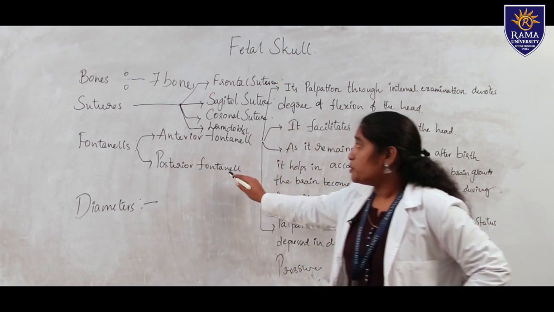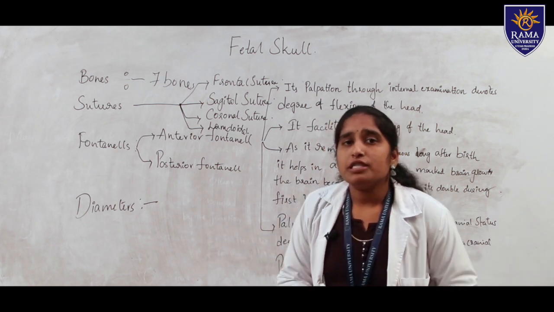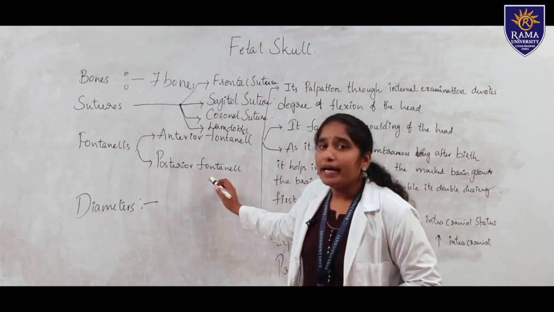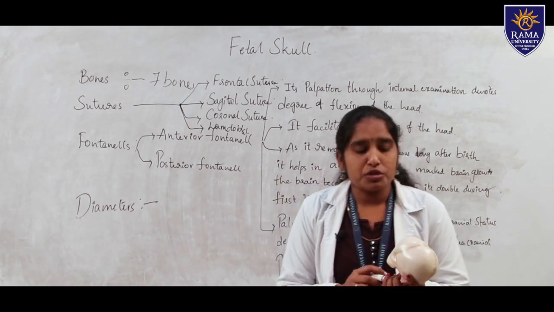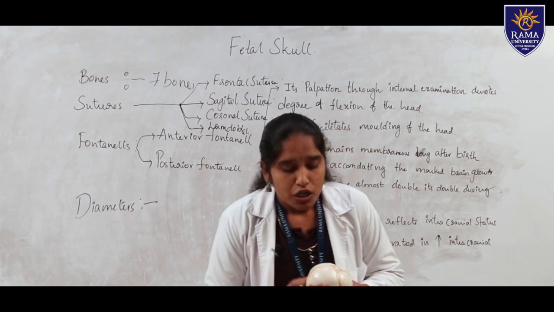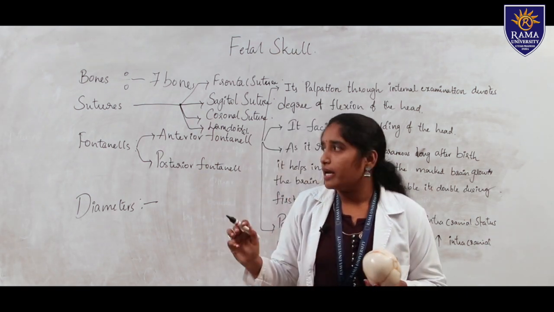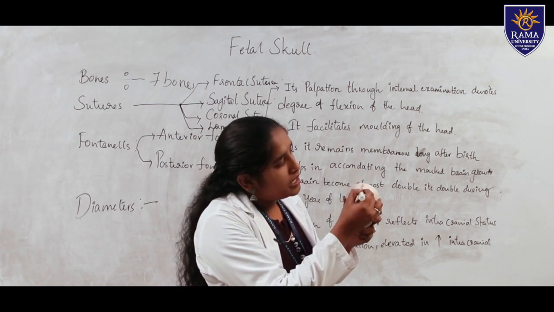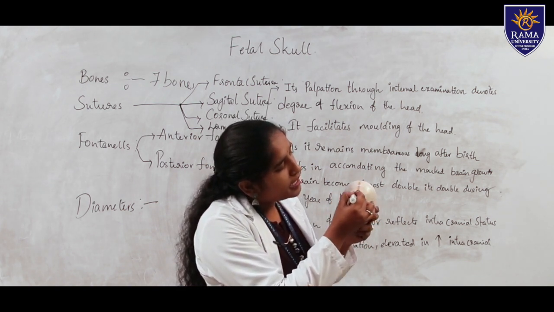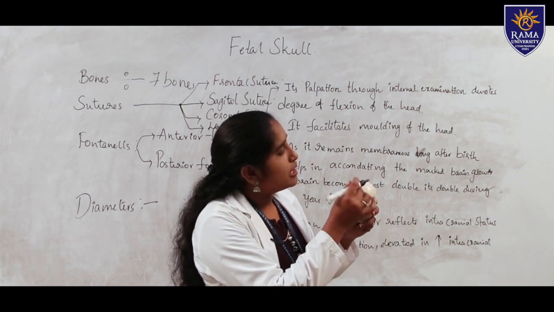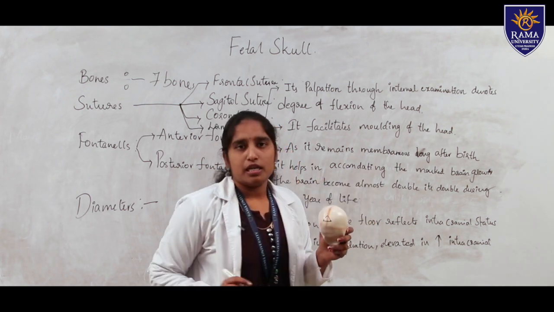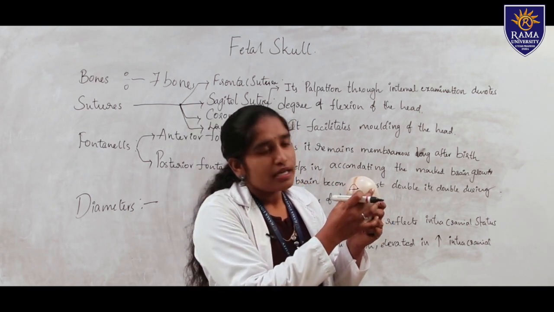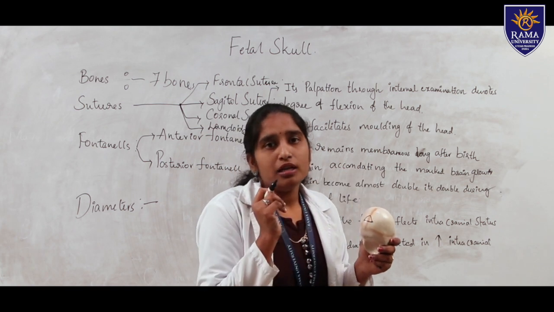Then next one is the posterior fontanelle. The posterior fontanelle is triangular in shape. It is formed by the joining of the three suture lines: anteriorly the sagittal suture, and on the lateral sides the two lambdoidal sutures.